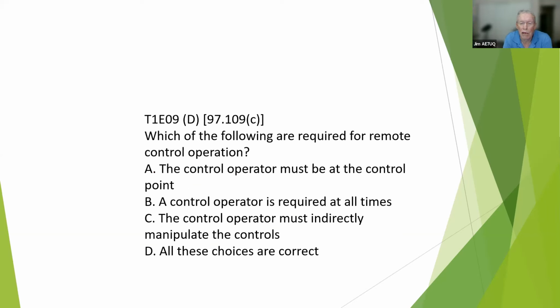Which of the following are required for remote control operation? The answer may not be obvious here, but all of these are covered. The control operator must be at the control point, a control operator is required at all times, and the control operator must indirectly manipulate the controls. So this is one of the all of the aboves.